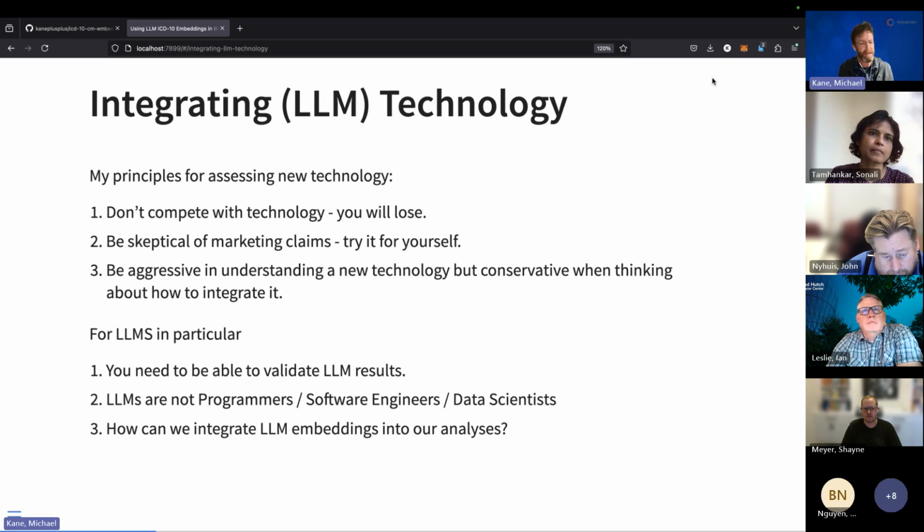So another thing to realize is they're not programmers, software engineers, or data scientists. LLMs can generate code. I'm still pretty skeptical about program generation. If you look at the code that LLMs generate, they can generate decent code, but the successes have been for pretty specific contexts. So it can generate a Shiny app that's not too different from the template Old Faithful example that comes up when you say, make me a Shiny app in RStudio.